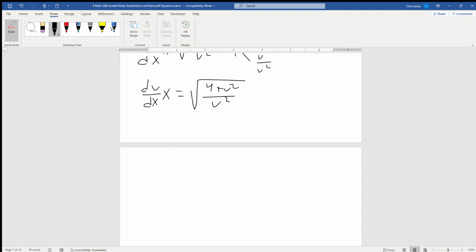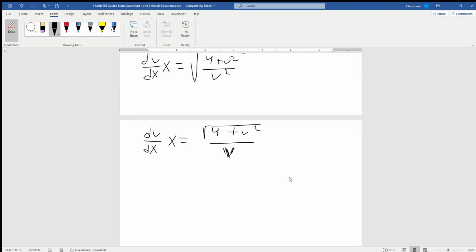Another way to rewrite this, dv dx times x is going to be equal to the square root of 4 plus v squared divided by v, by taking the square root of that v squared. Now, we can go ahead and separate. So this is a separable differential.